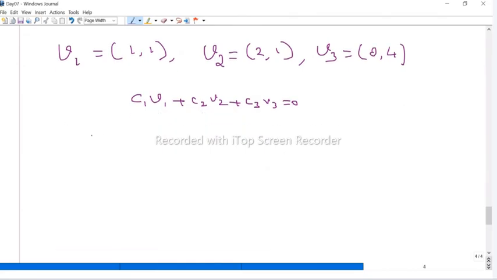Now how to prove it? You just have to substitute the values of V1, V2, V3. So C1 times (1, 1), and C2 times (2, 1), plus C3 times (0, 4) equal to 0, which means (0, 0).